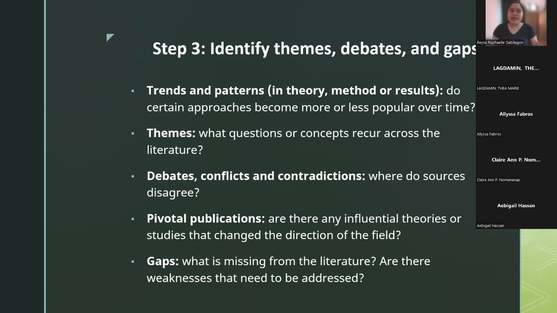You have to identify first the trends and patterns. What are the popular or influential pieces of information that you can see across all of your sources? Then identify themes to group them together, because there are too many sources and most of them are talking about the same thing.